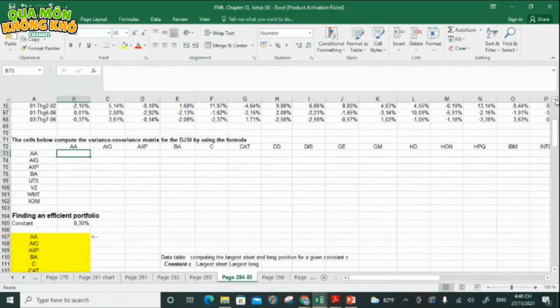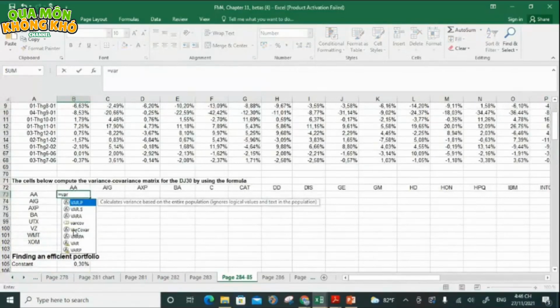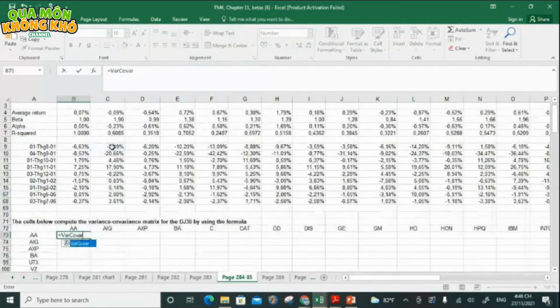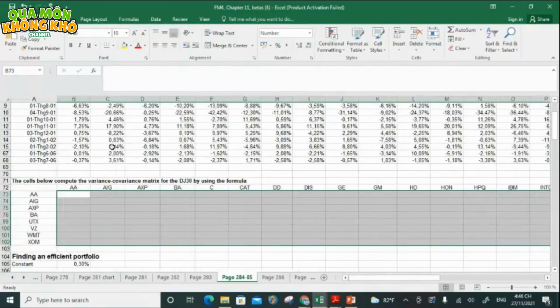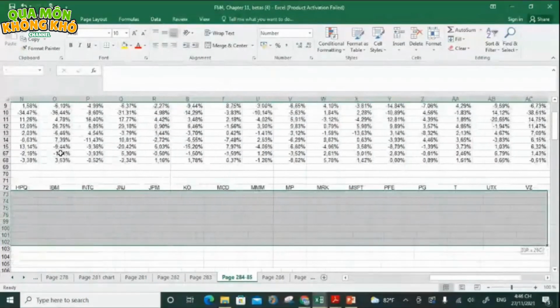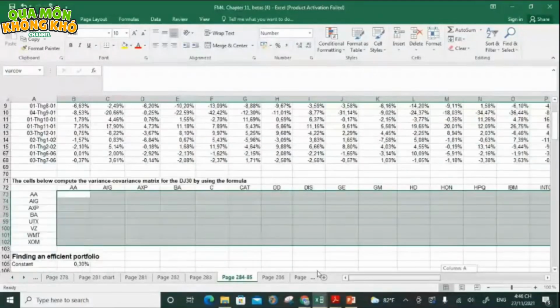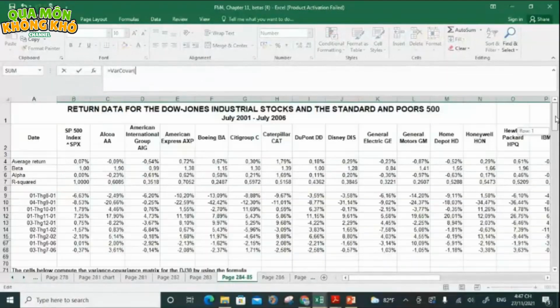Here I will use the variance-covariance function.